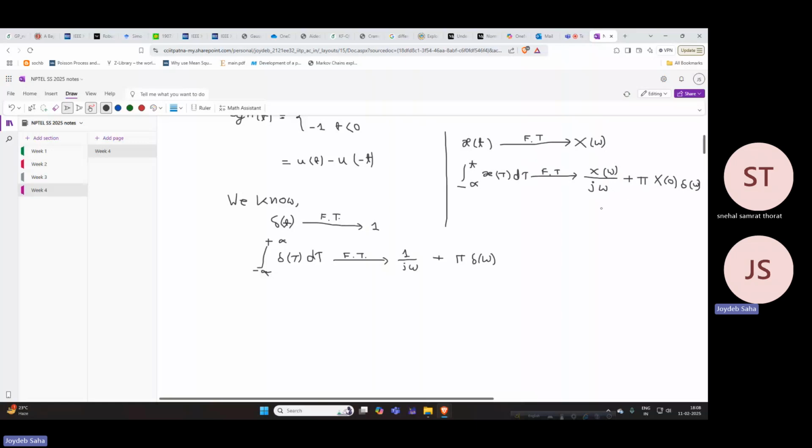Fine. And we are using this only. This formula we are using.